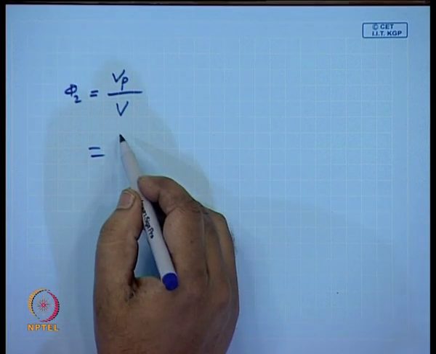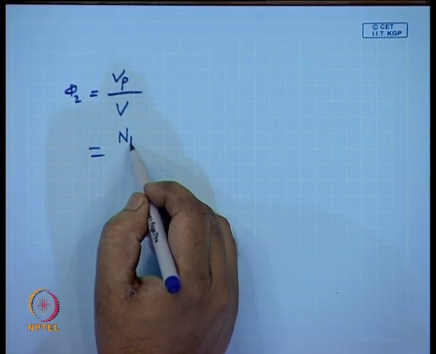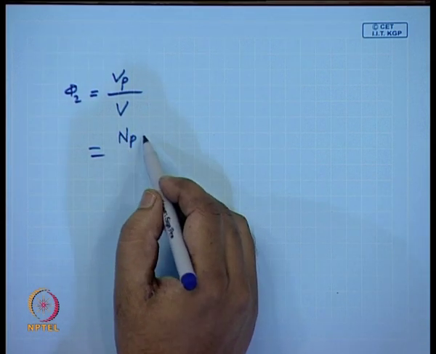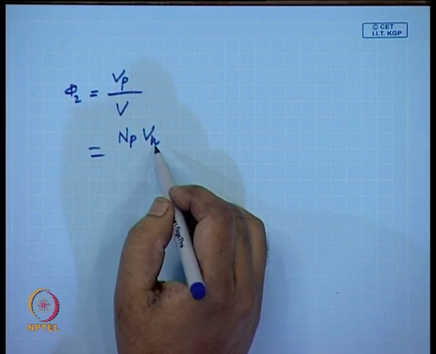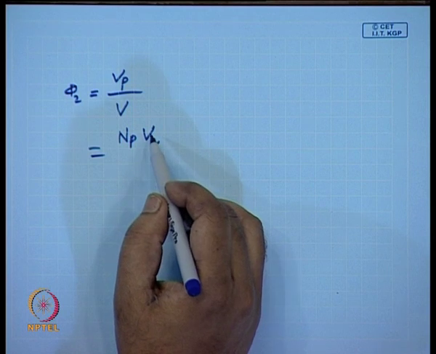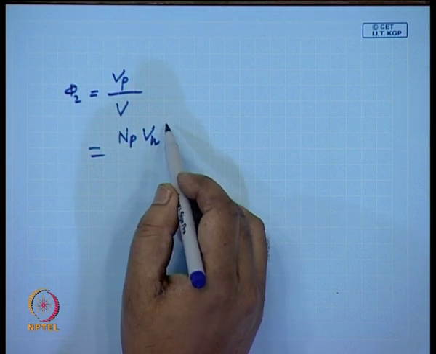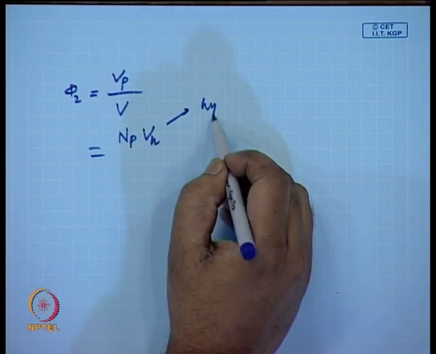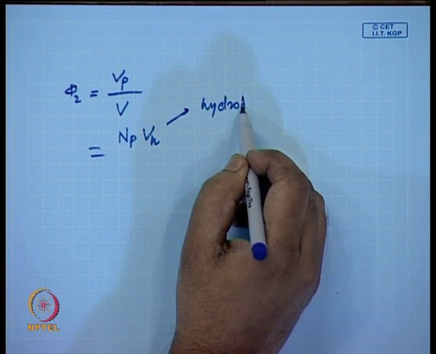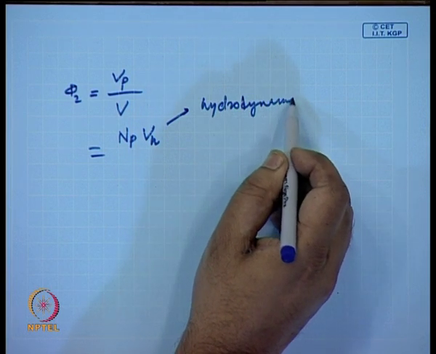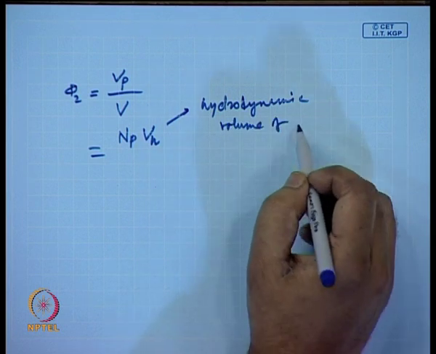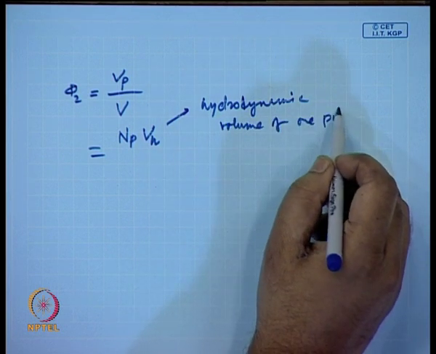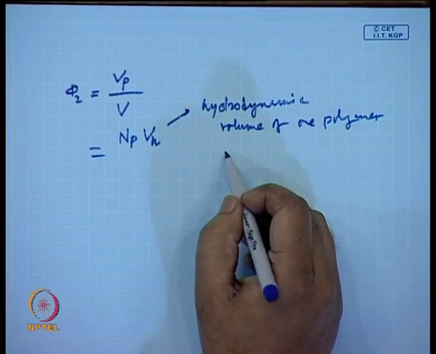Volume of polymer is given by the number of polymer molecules times VH, the hydrodynamic volume of one polymer coil.